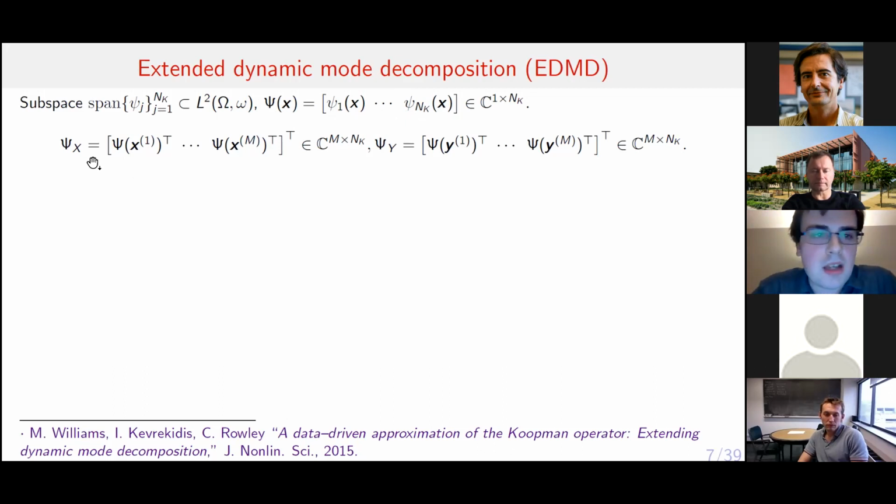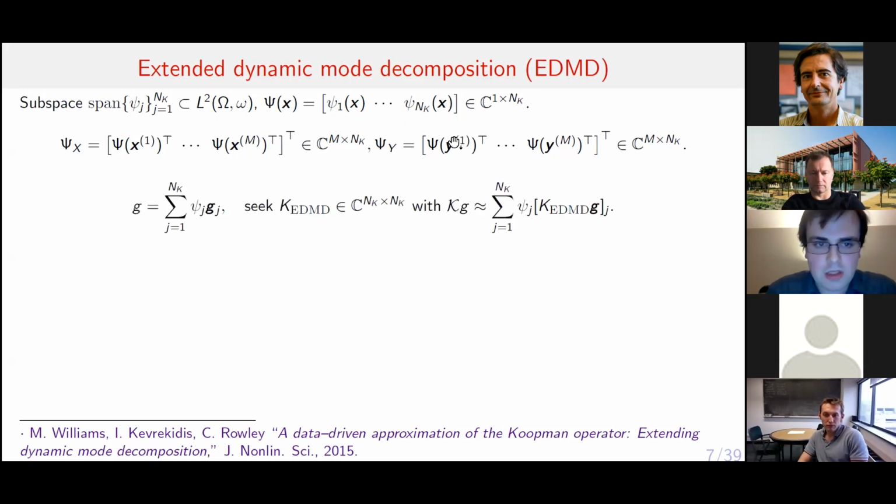And I'm going to look at these two matrices, psi x, which is just the dictionary evaluated on the x points. Remember, we have snapshot data x and y, so that y is equal to f of x. And then similarly, psi y is just going to be the dictionary evaluated at the y points. So what EDMD seeks to do is construct a matrix so that the Koopman operator looks like a matrix acting on the coefficients when you expand functions in this space.